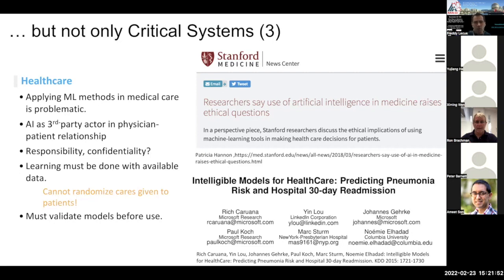And here I mentioned two papers which are very interesting in this particular domain. So if you are more in the healthcare related domain, I strongly encourage you to look at those papers. And the last one, in particular, shows an interesting fact about systems providing wrong predictions, and it was not because the model or the algorithm was doing the wrong thing, it is because the data collected initially was not right.